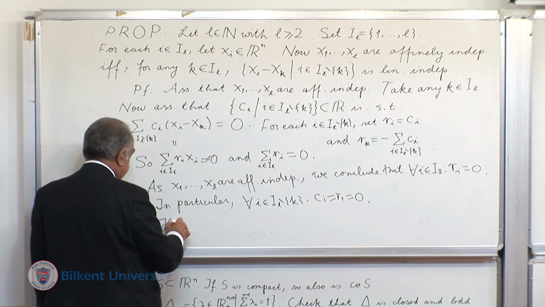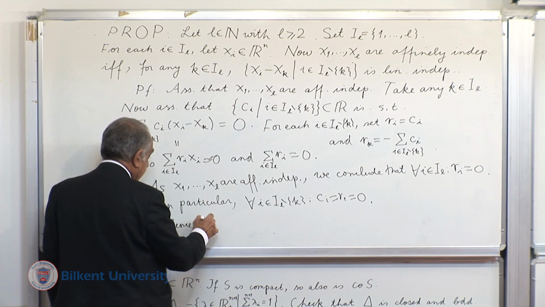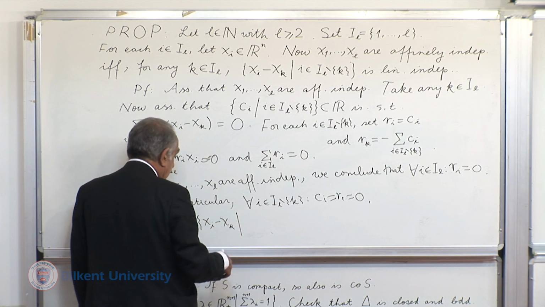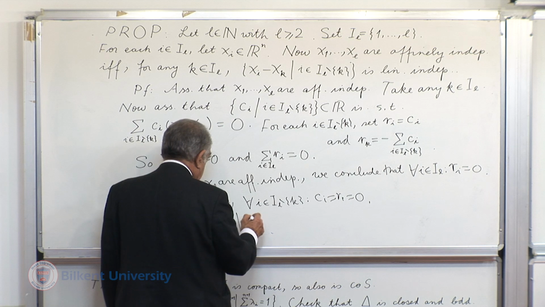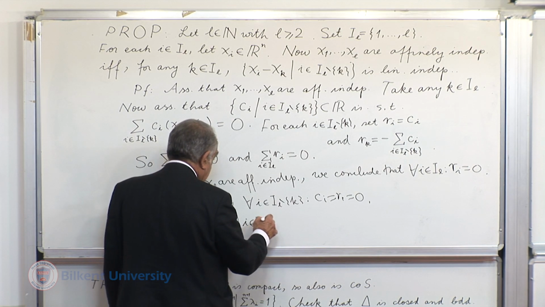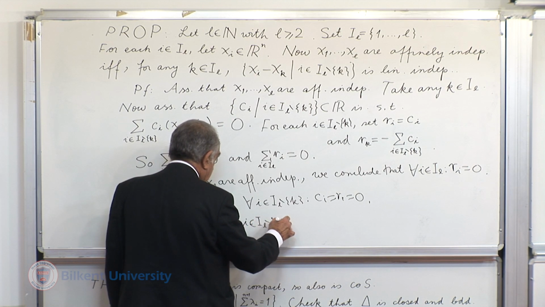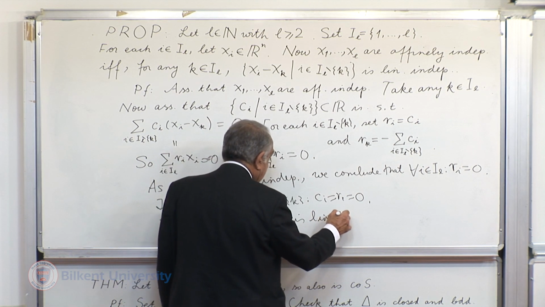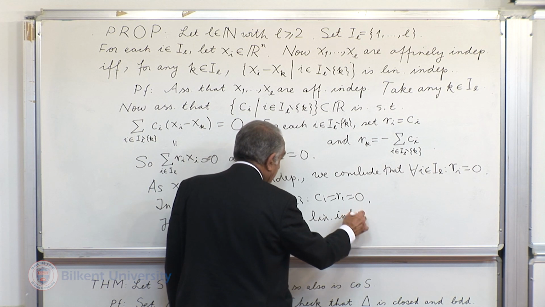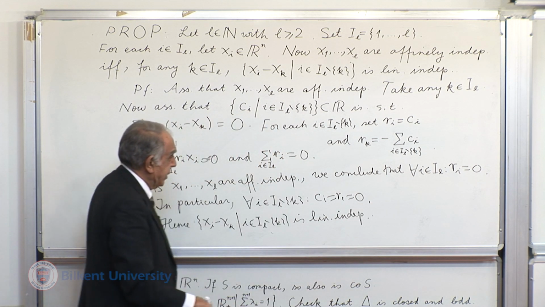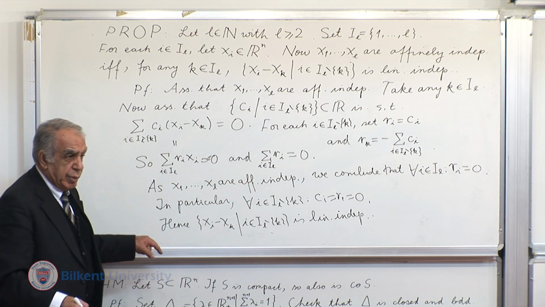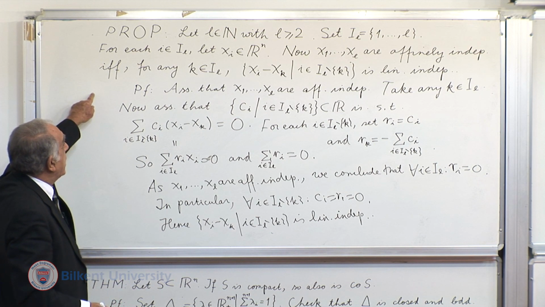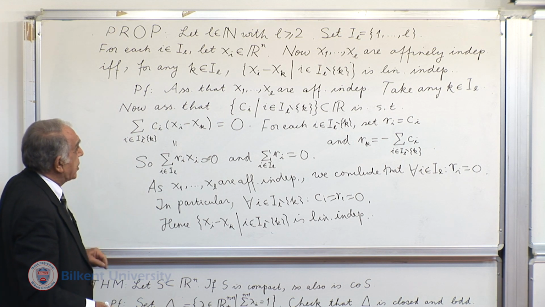Hence, all x_i minus x_k such that i is in I_L minus k is a linearly independent set. So that completes the proof of the only if part of this biconditional.